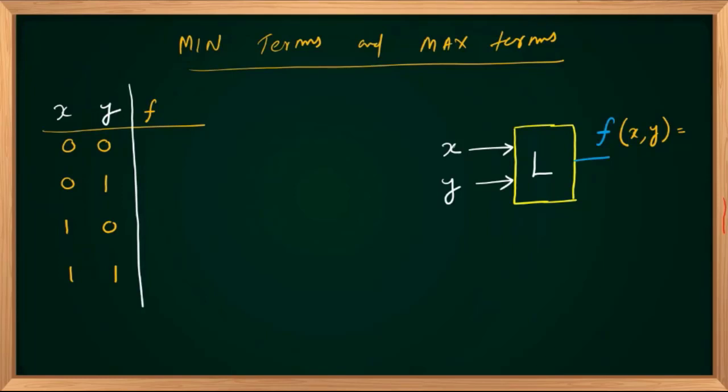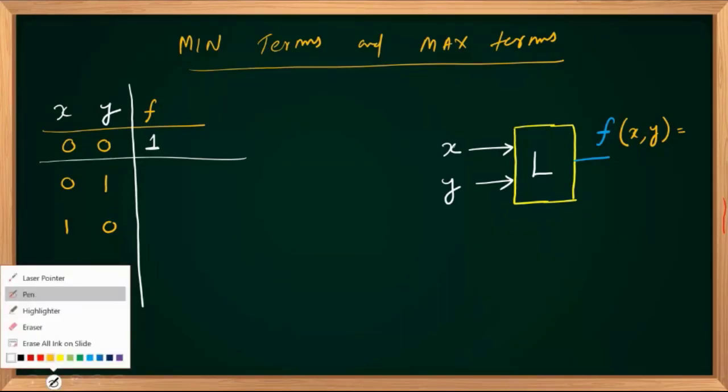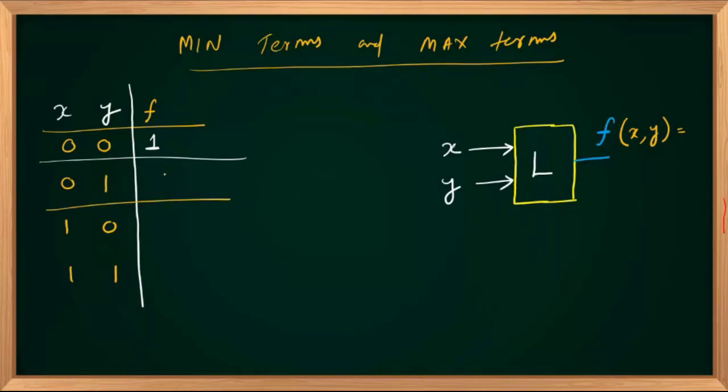If X and Y are 0, my output function is 1. Let us assume F equal to 1. Whereas if X equal to 0, Y equal to 1, let us say my output equal to 0. I am taking an example. If X and Y are 0, 0, the output will be 1.